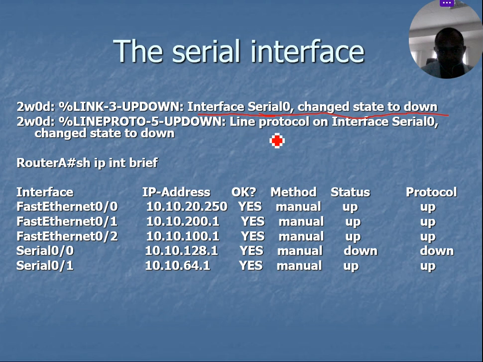And again, take a look at the line protocol. It's talking about the protocol now: line protocol serial 0, changed state to down. Meaning for serial 0/0, both the status will be down and the protocol will be down.